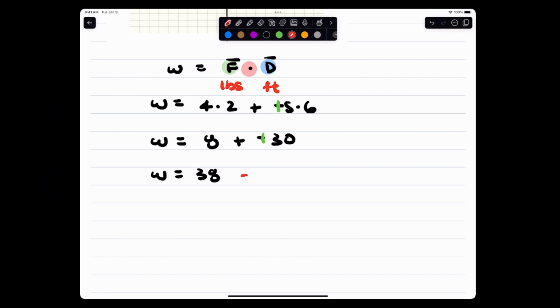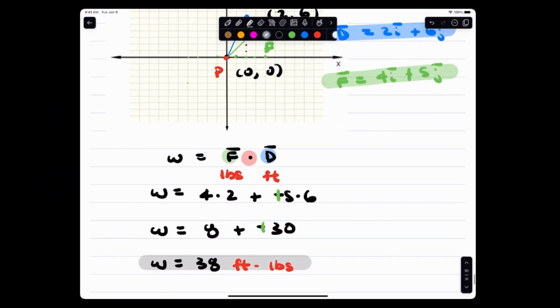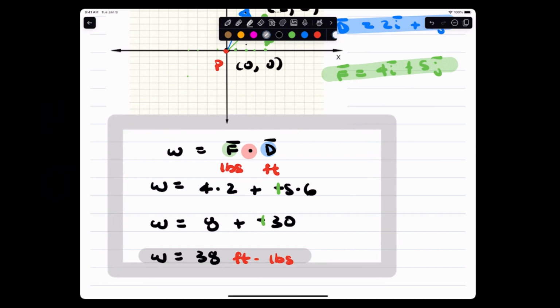They just change the order in which they describe it. There you go, ladies and gentlemen. 38 foot-pounds. Easy peasy, lemon squeezy. It's a dot product, just so you guys know.